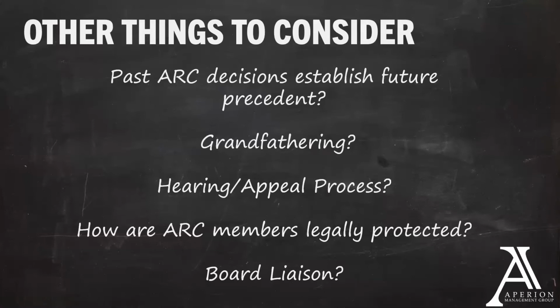We had an owner who wanted to repaint their home in one of our communities, and they painted a swatch of the color on the home, and it looked okay, and the review committee approved it, and the home got painted. If you've ever seen a color swatch and then you see that color on an entire house or an entire wall, it can look quite a bit different.